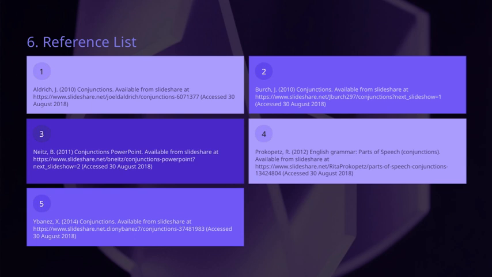Finally, Aldrich's 2010 SlideShare provides additional explanations and examples of conjunctions, further solidifying your understanding of how they operate within sentences. All these sources collectively enhance our grasp of conjunctions, reinforcing their crucial role in constructing clear, coherent, and connected sentences. Remember, mastering conjunctions is key to improving both your writing and speaking skills, making your communication more fluid and effective.